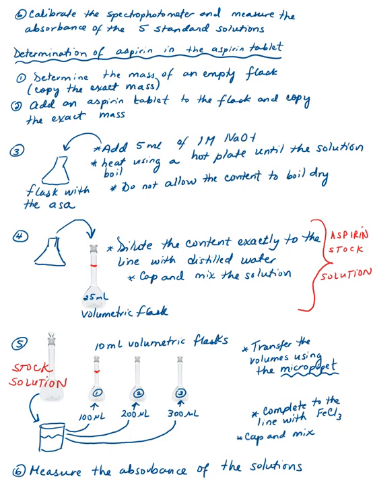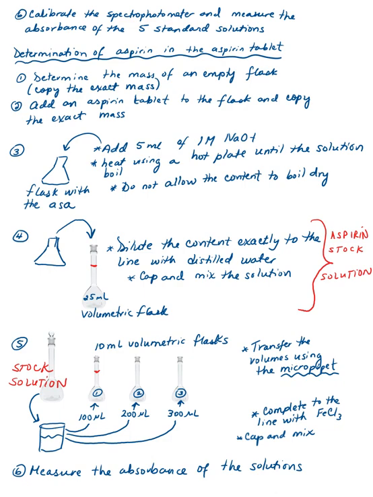You're completing the total volume of your standards here of unknown concentration, again using the iron chloride to form the iron complex that's going to give you the purple color in your solutions. Cap the volumetric flask, make sure that everything is mixed, and measure the absorbance of the solutions.